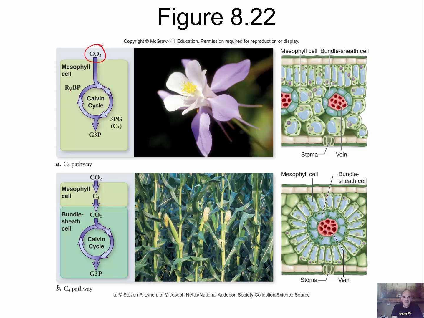The carbon dioxide gets fixed to ribulose bisphosphate with the help of Rubisco, and then we go through the process described in the prior section to produce our simple sugars at the end. So that's normal. But remember, if we have too much O2, then the O2 with the enzyme that helps fix the carbon is actually going to end up oxidizing this and breaking down the ribulose bisphosphate, and that reduces the efficiency of this cycle.